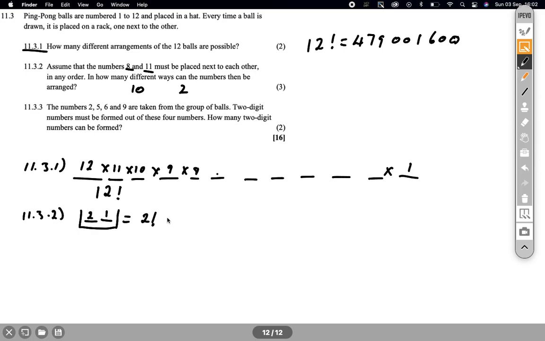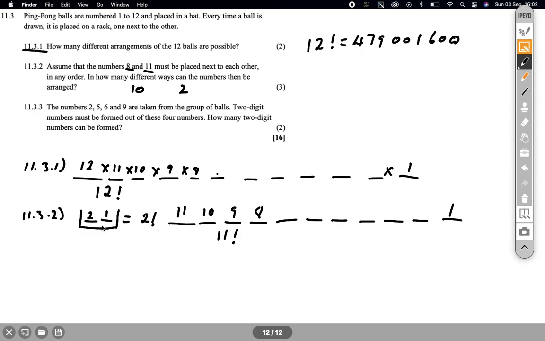So this means you have 11 spots now. For the first spot you have 11 choices, for the second one you have 10 choices, for the third one you have 9, and so on until you get to 1. And instead of writing this out, you will just say 11 factorial.